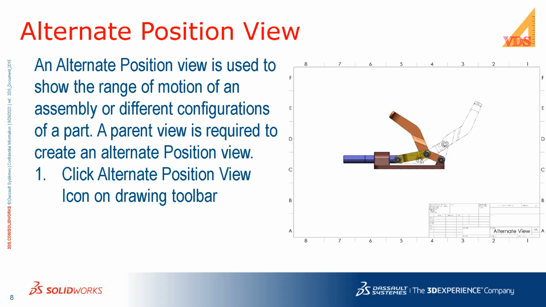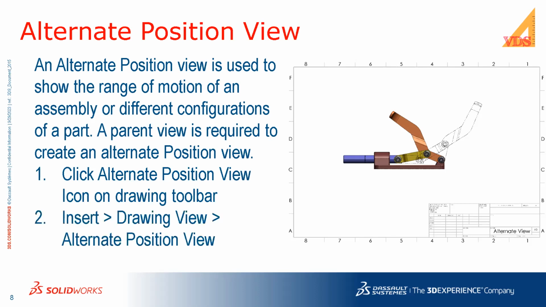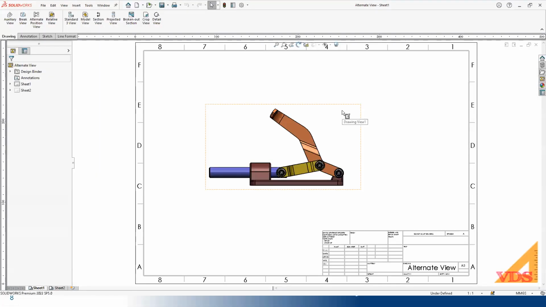Now, where do we find this view? We can find it on the drawing toolbar, and we can also find it in the insert menu. Now let's quickly create one alternate position view. I have this assembly view, and I want to show that this lever can go in this direction, clockwise, and then this shaft will move in that direction horizontally.